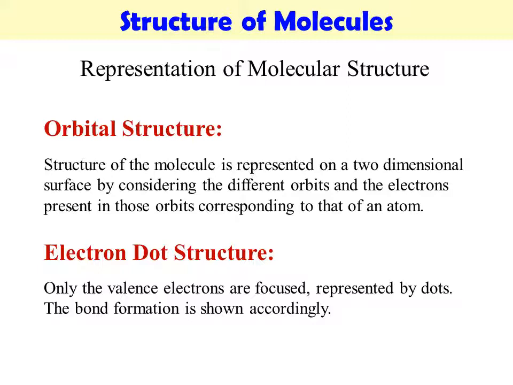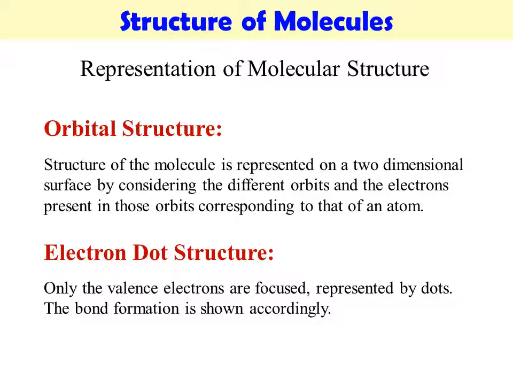Thus, in a molecular structure, where it is important to show how the bonds have been formed, only the valence electrons play the major role. The rest of the electrons in the orbits of the atom and the central nucleus have no role, so highlighting them is a waste of time and a waste of space.